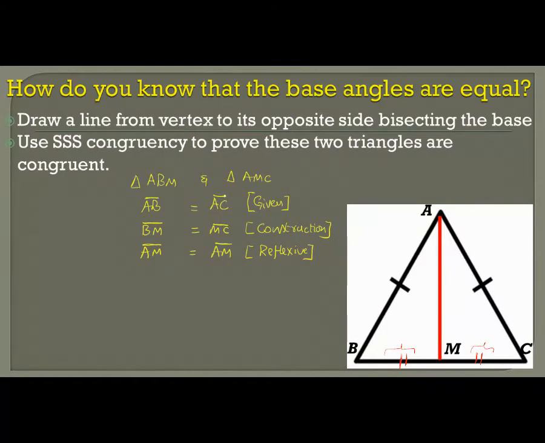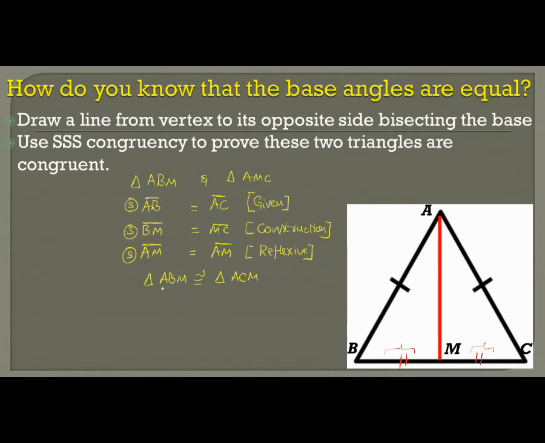So I see side equals side, side equals side, and side equals side. Therefore, triangle ABM is congruent to triangle ACM.